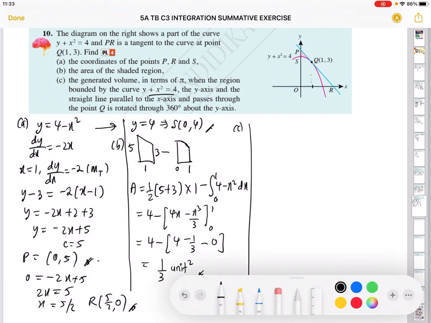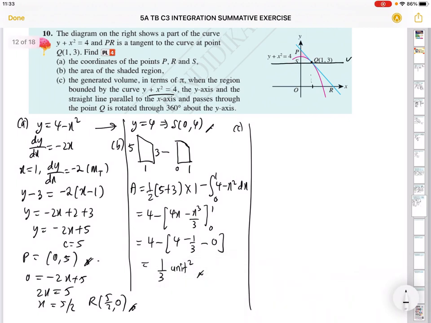Okay? So you are taking the region bounded by the curve. This is your curve, right? The y-axis. Okay? A straight line parallel to the x-axis passing through point Q. So we are talking about this region here.